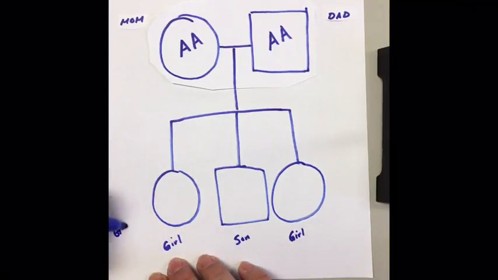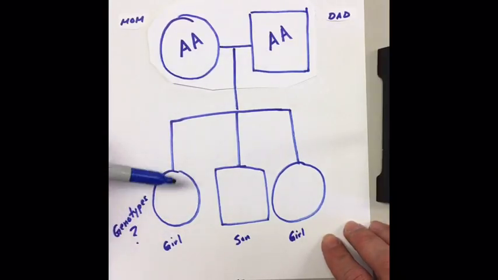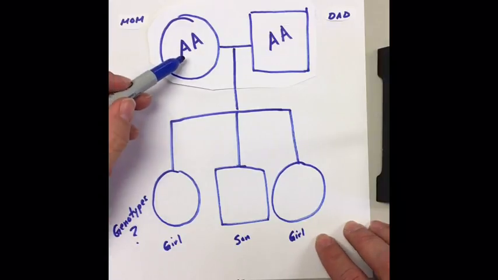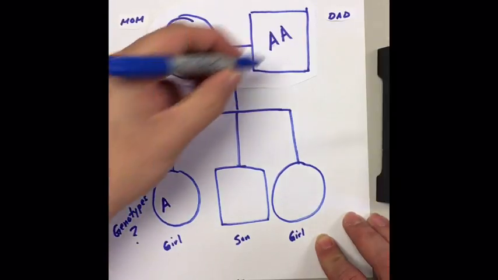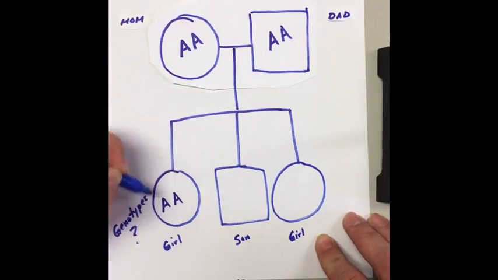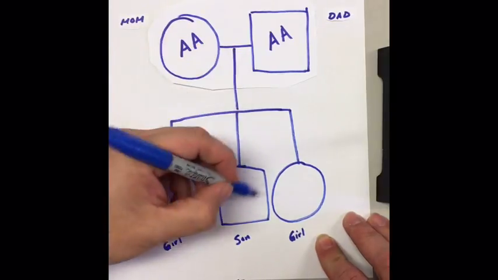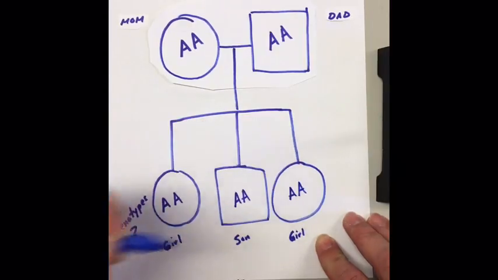What are going to be the genotypes of the kids? Well, remember, we have to look at the genes. Mom has to give a gene, dad has to give a gene. Mom only has dominant genes to give. So mom would give a dominant gene, dad is going to give a dominant gene, so the girl's going to be homozygous dominant. We go through the same process. All the kids will be homozygous dominant.